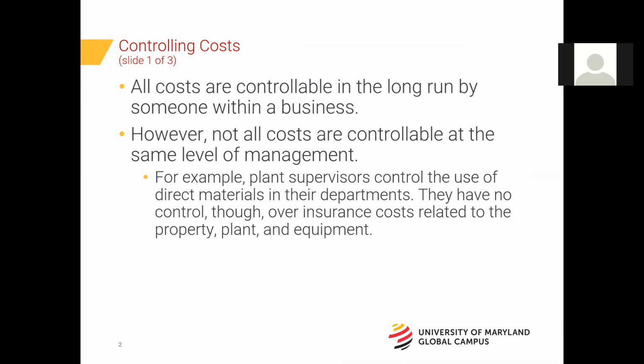Typically, in cost management and cost accounting, the costs that we do not have control over are fixed costs. I don't have control over rent. I don't have control over insurance. I don't have control over other fixed costs like depreciation. Those are outside of my control.